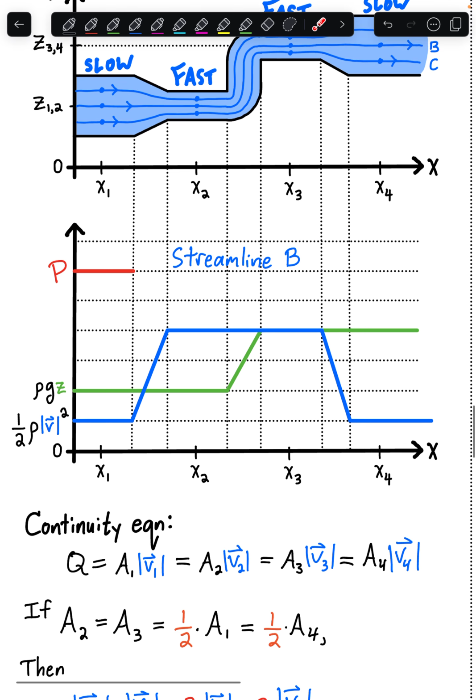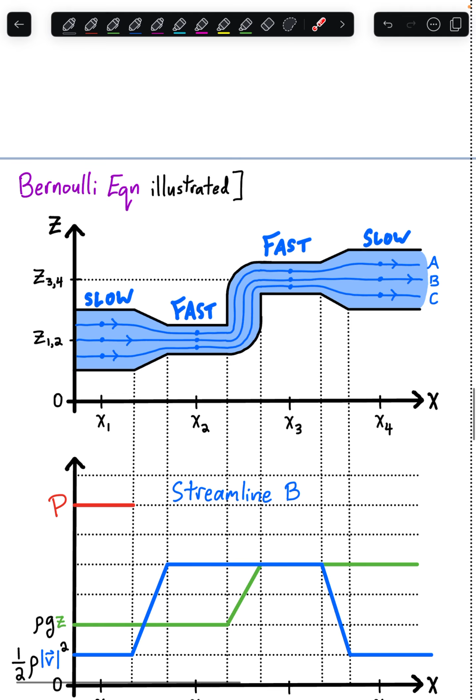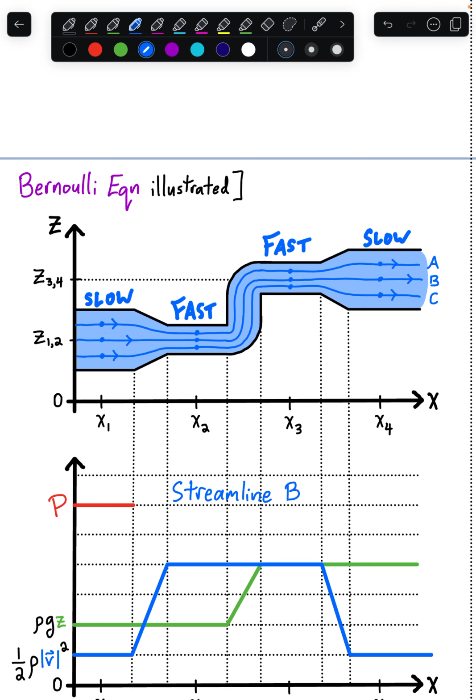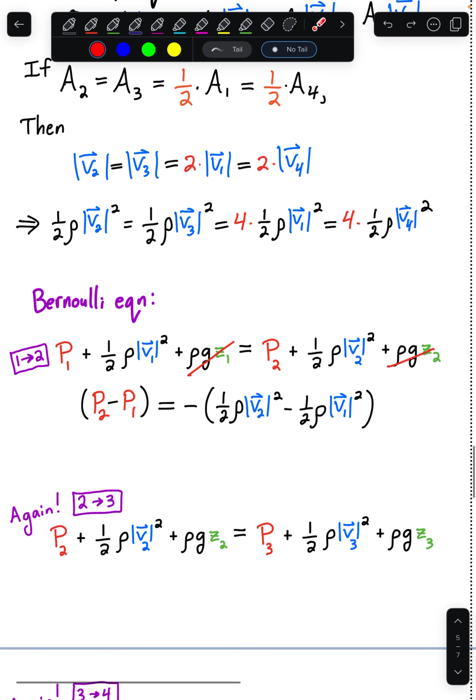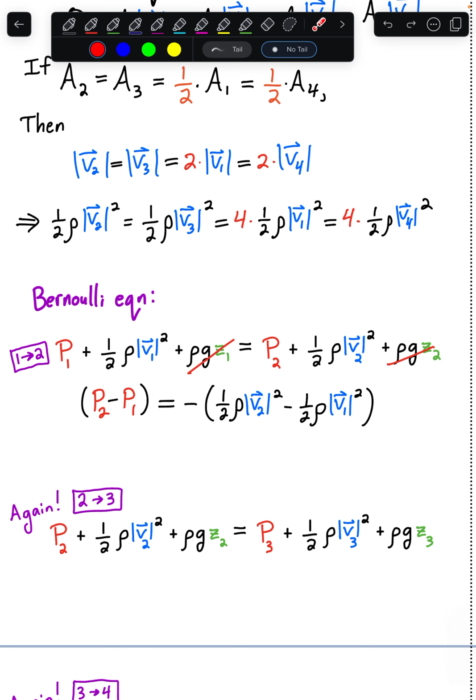That's consistent with the Bernoulli principle that says that the pressure should be higher in a wide section and then lower in a narrow section. High pressure where the fluid is slow, and then low pressure where the fluid is fast. And that's what our equation here is telling us.